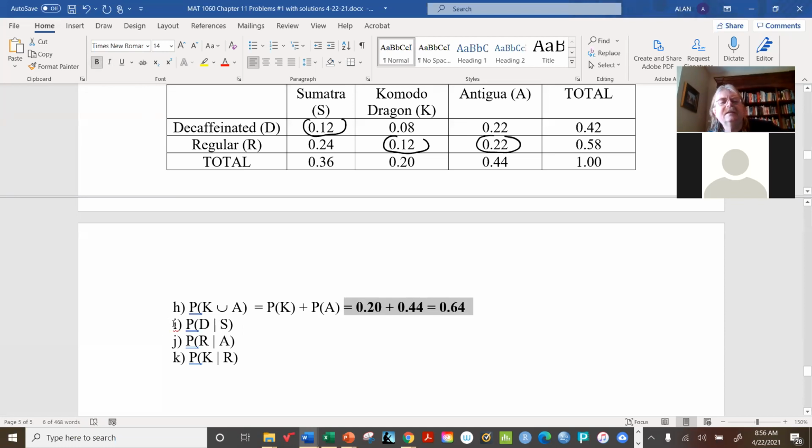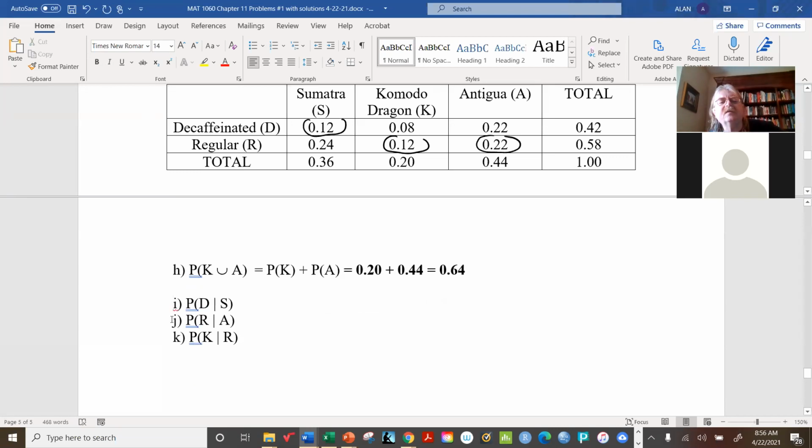Okay. Now, these are the conditional probabilities, and each one of these requires a formula. That formula is always going to equal the joint probability that both events are true.